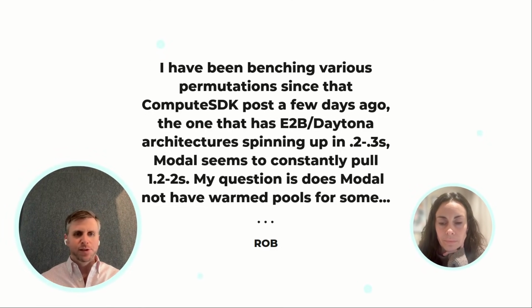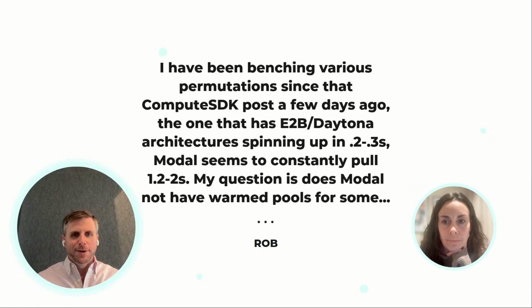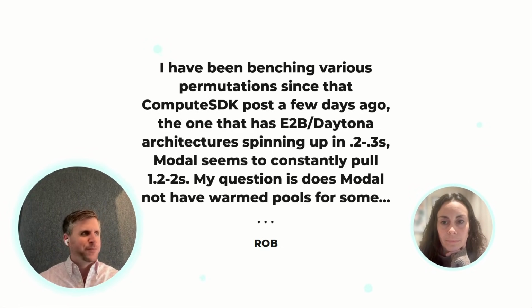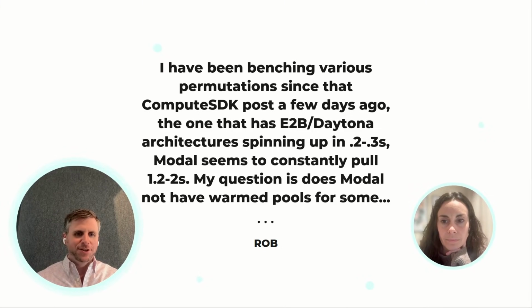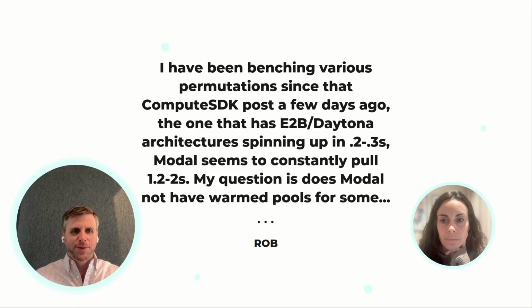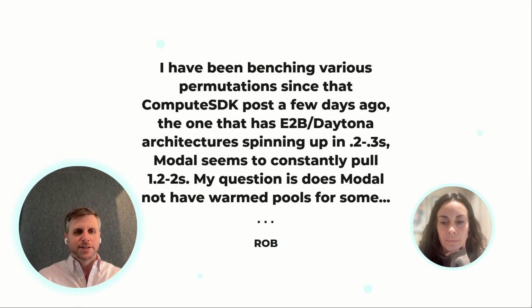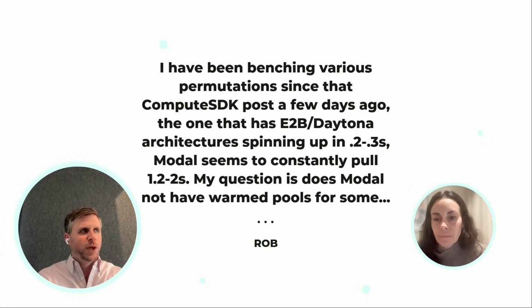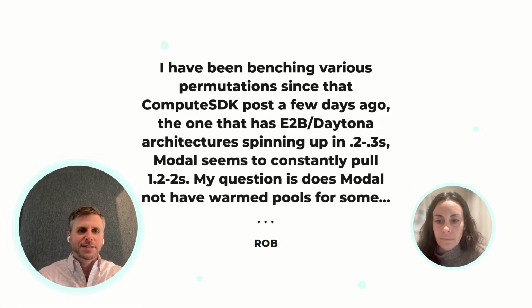So the approach of allowing the customer to build the warm pool has been the maximally flexible option here. It's awesome that E2B and Daytona have had really great cold starts on these metrics. But for what we're optimizing for, we think that this is less of the big issue.